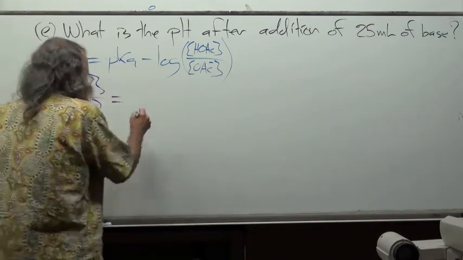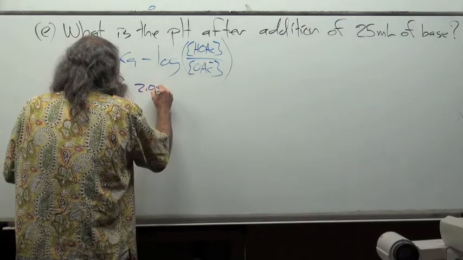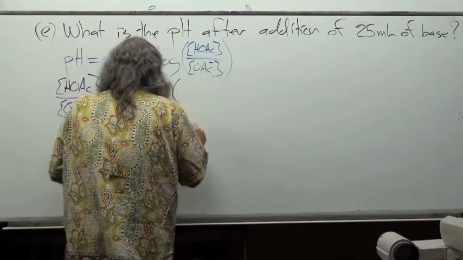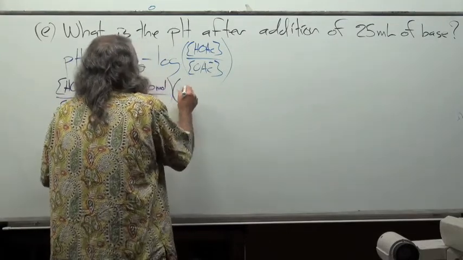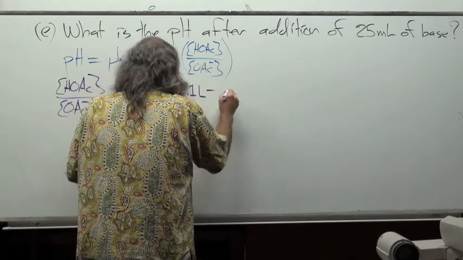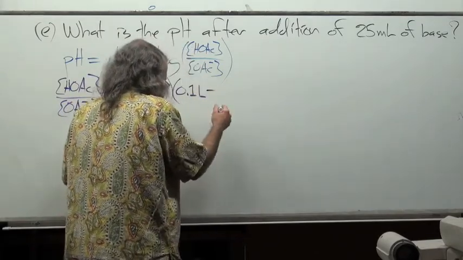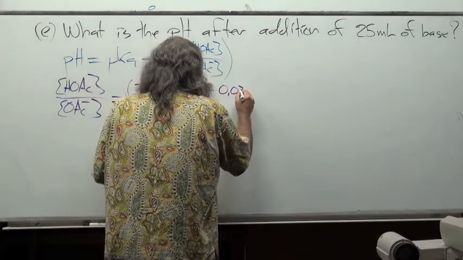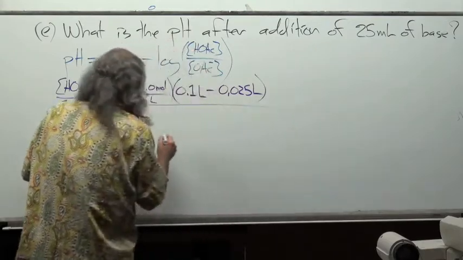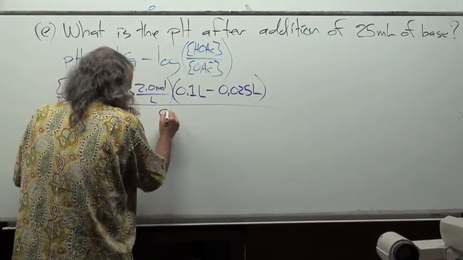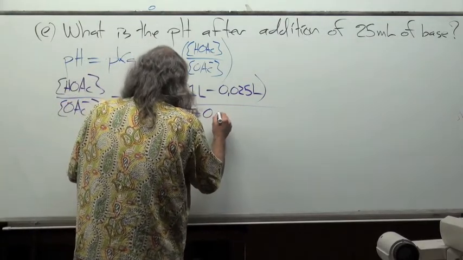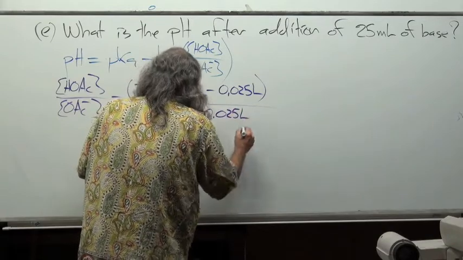And that's equal to 2.0 moles per liter, because it's 2 molar, times, how many liters have I got? 0.1 liter minus 0.025 liters divided by 0.1 liters plus 0.025 liters.